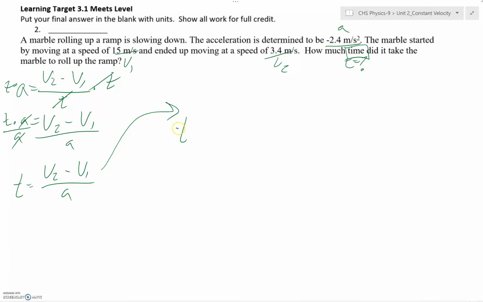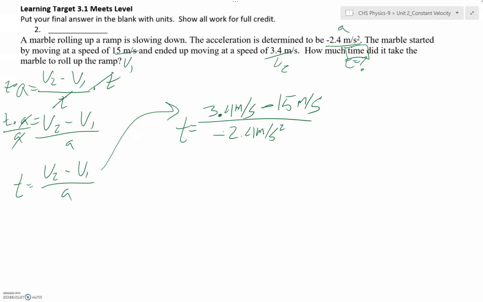So I got my t equals my v2, which we said was 3.4 meters per second, minus v1, which I said was 15 meters per second. It's an S, I promise. Divided by my acceleration, which is negative 2.4 meters per second squared. Now that negative is going to be important, and you'll see why in the next step. Then we have to solve.